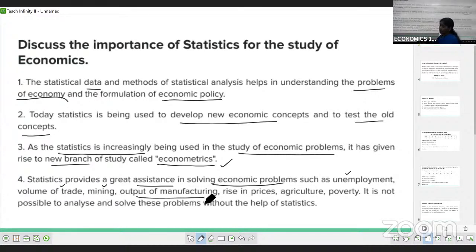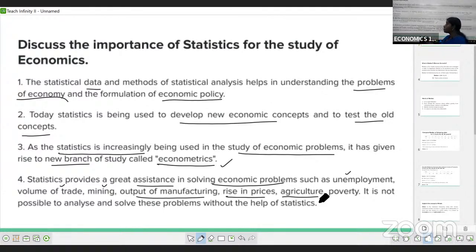How many products are manufactured or produced, the increasing of price levels, and so many problems we face in agriculture. To understand these many problems which we face in economics, the study of statistics is helping us.